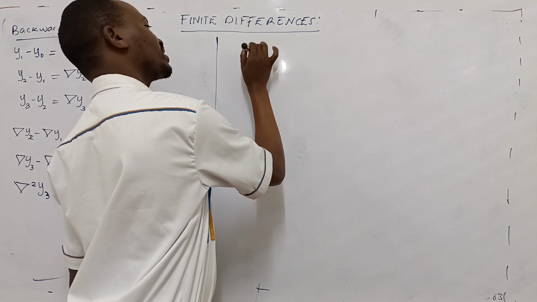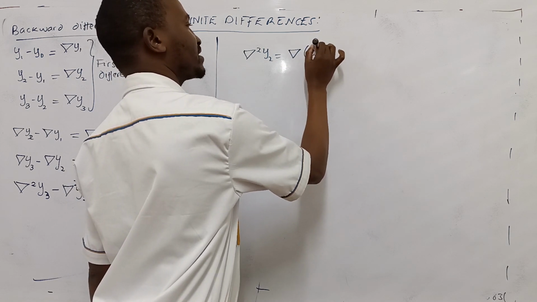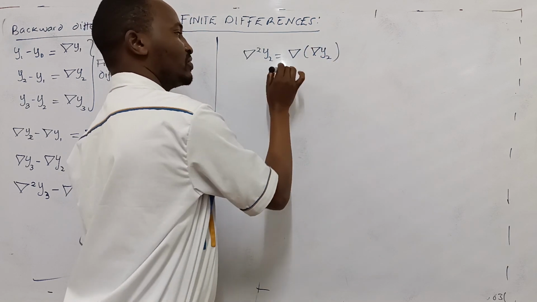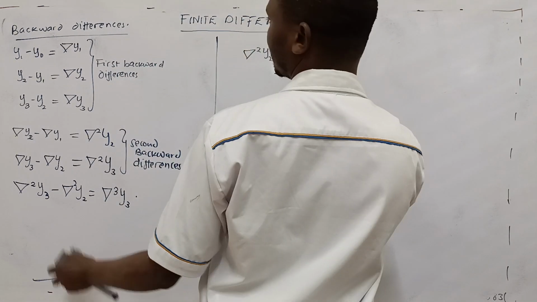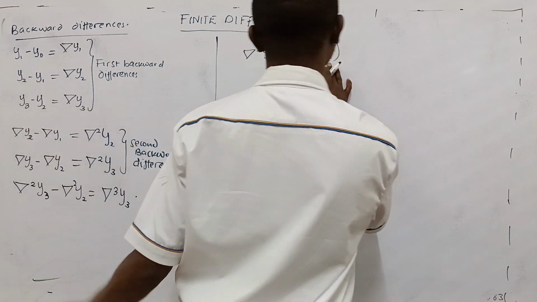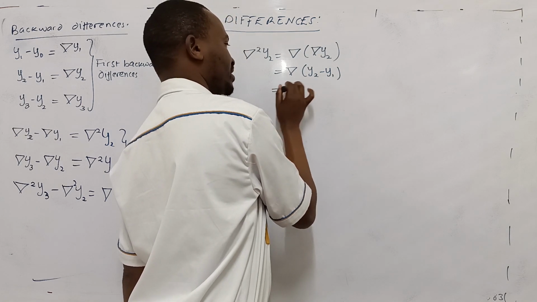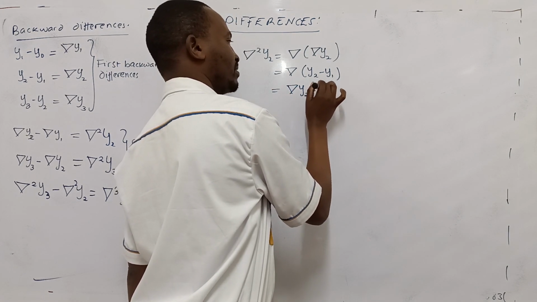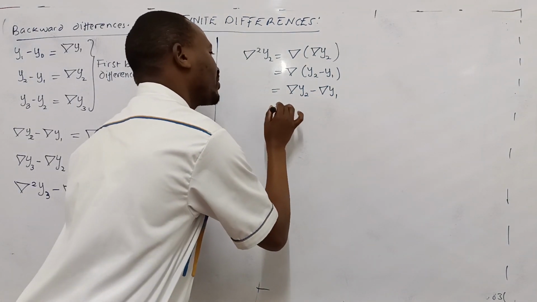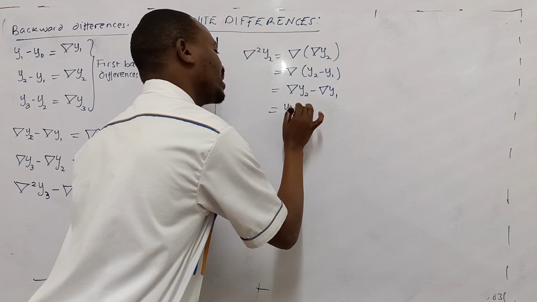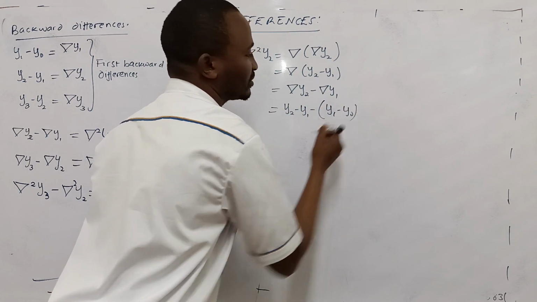For example, the second backward difference of y2 is the backward difference of the first backward difference of y2, which is the backward difference of y2 minus the backward difference of y1. The backward difference of y2 is y2 minus y1, and the backward difference of y1 is y1 minus y0.